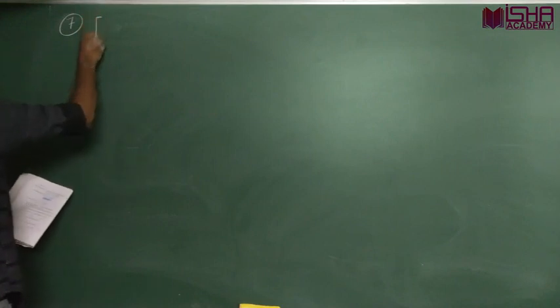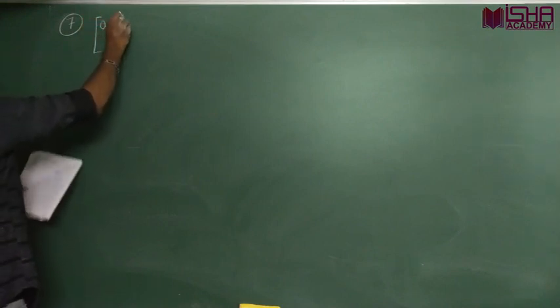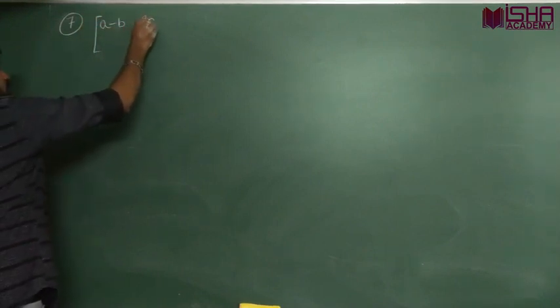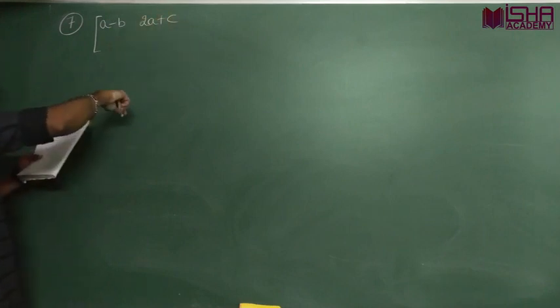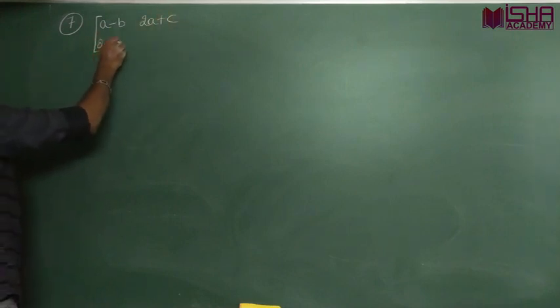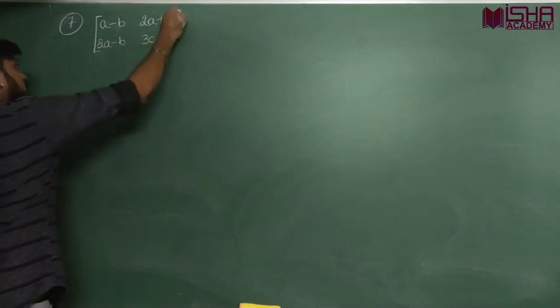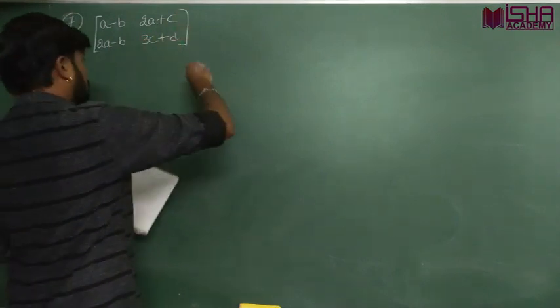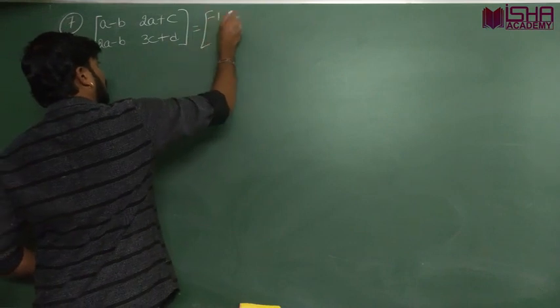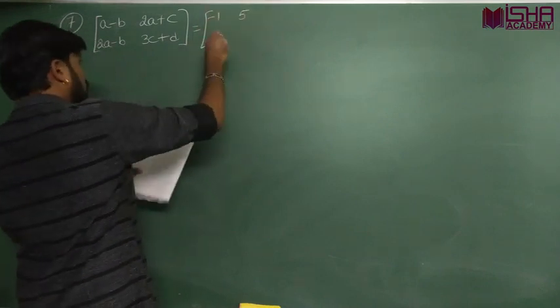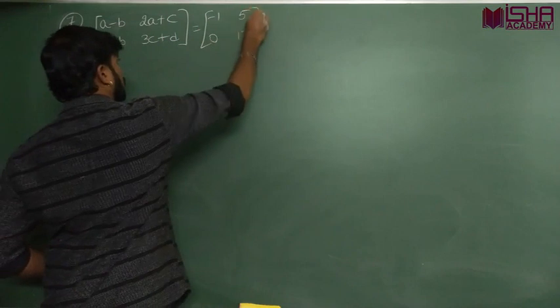See what equation is given: A minus B, 2A plus C, next 2A minus B, 3C plus D equals minus 1, 5, 0, 13.